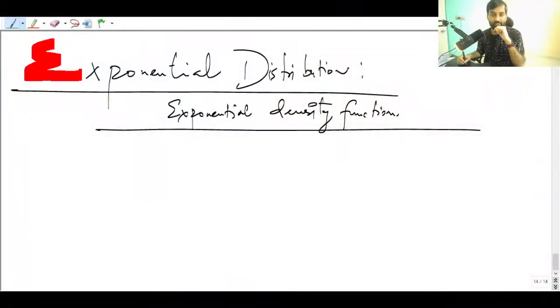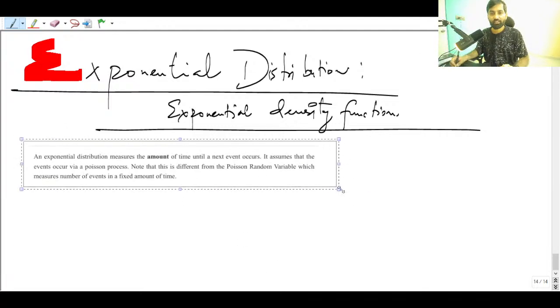In case of the exponential distribution, it measures the amount of time until the next event occurs. There is nothing like a fixed amount of time or fixed interval, right? So you guys have to remember these points, I mean, what this exponential distribution is.